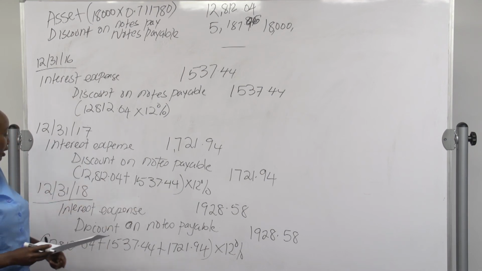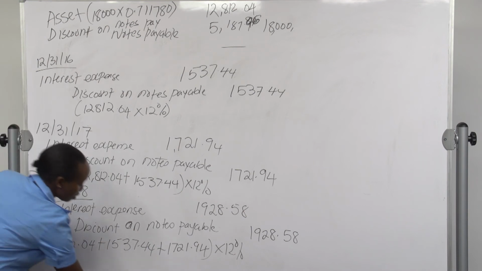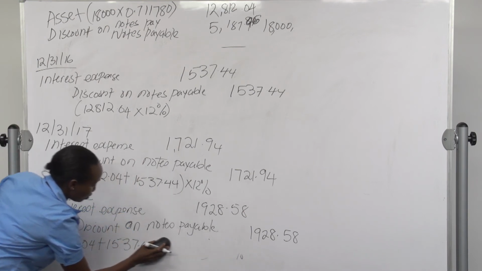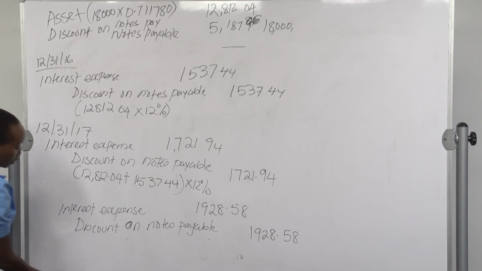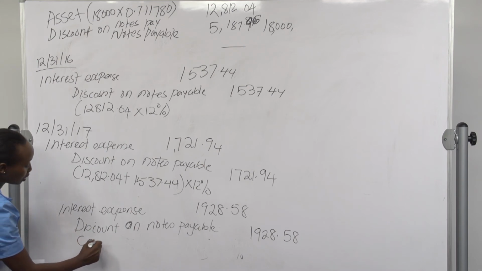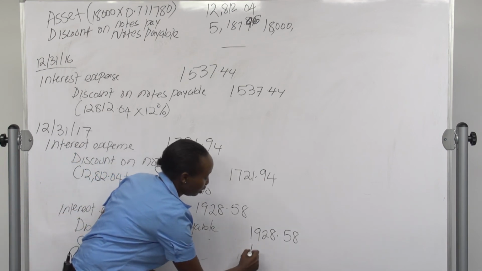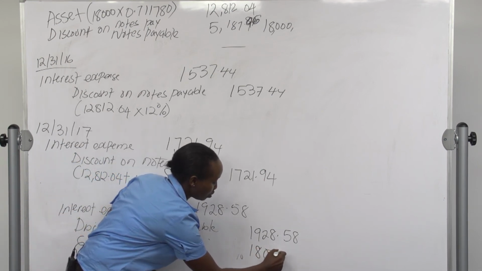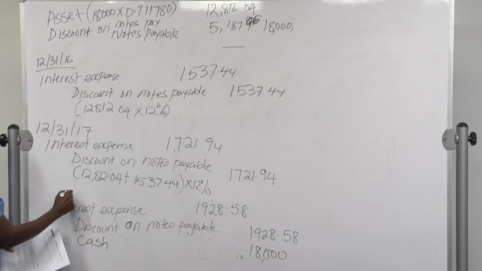But let's combine this with the settlement of the note. I'll erase this so that I get more space. In addition to this interest expense and discount on notes payable that we're settling, we're also paying the note this time. So we're paying out cash of 18,000 because it has now matured, and we're removing the notes payable from our books.